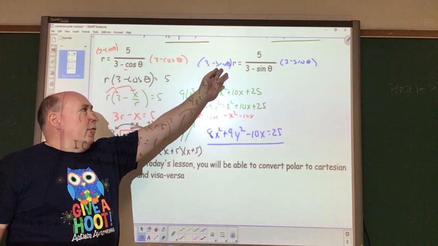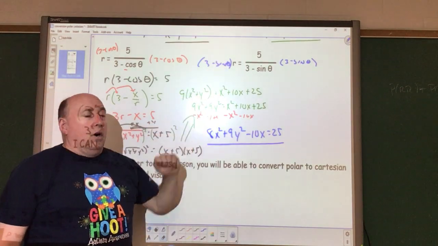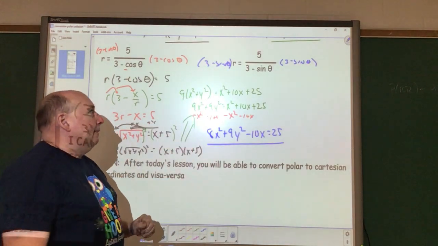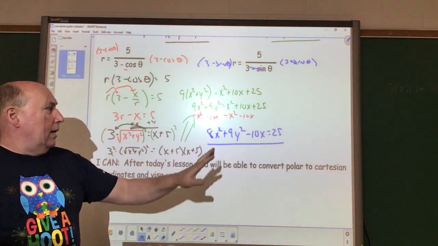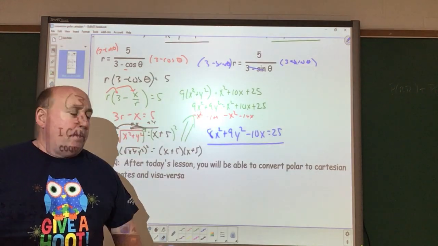We could sub in y over r for this. We could distribute our r over. Those would cancel, and it's going to be the same simplification at that point.